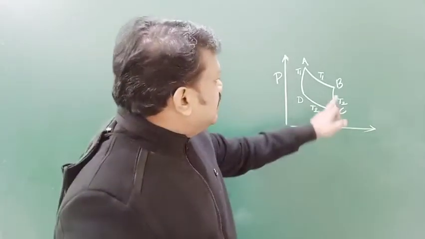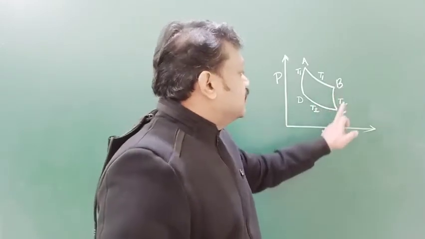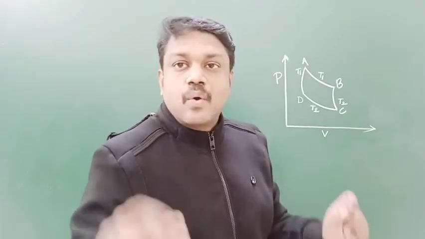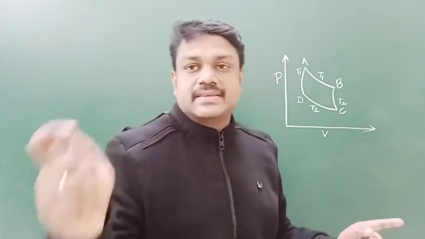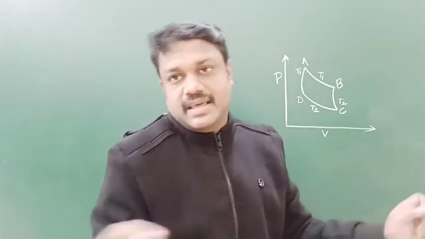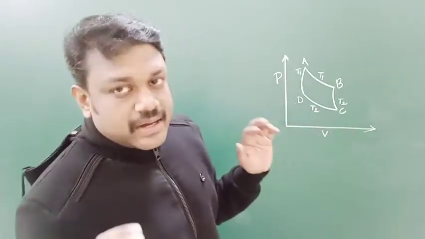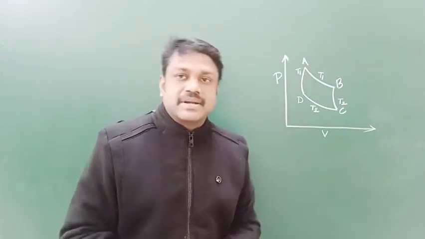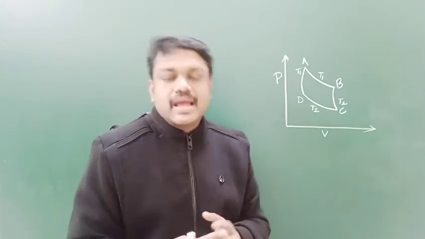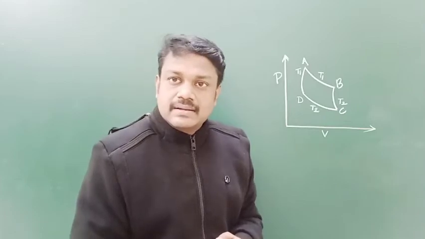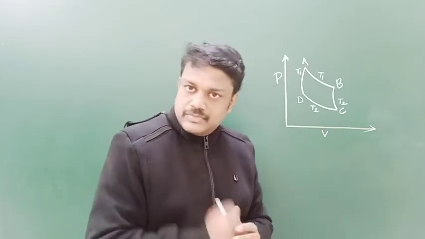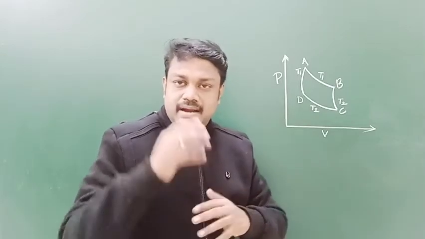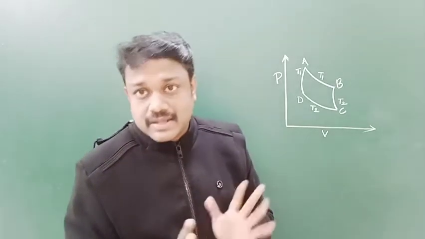That means work done in expanding from B to C is equal to work done in compressing from D to A, so the work done in the adiabatics is equal and opposite, and they cancel off. Whatever work is required to expand, that much work is done on compression. So net work done during the adiabatic processes is zero. Is it clear? The reason is that these two adiabatics are defined between the same isothermal curves.